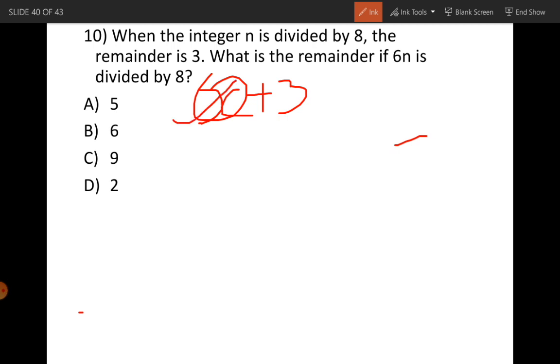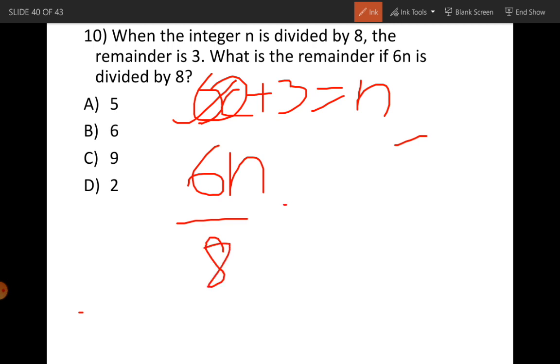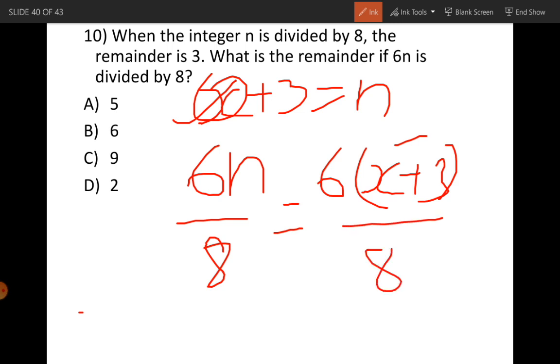We call this n, and they ask what is the remainder if 6n is divided by 8. So we can write 6n divided by 8 as 6 times x plus 3, divided by 8.